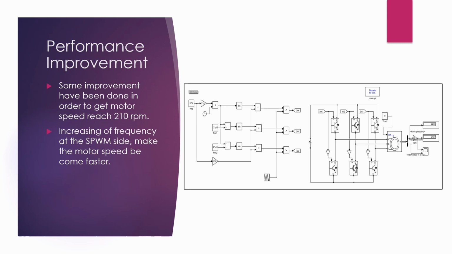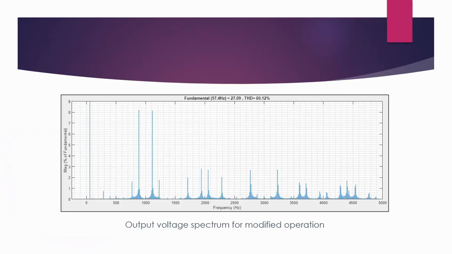So what we figured out is, if we increase the frequency at the SPWM side, we can see a significant increase of the motor speed. Before this, we set our frequency to 51 Hz. As we increase the frequency, the motor will become faster.